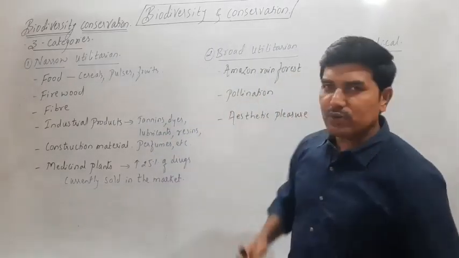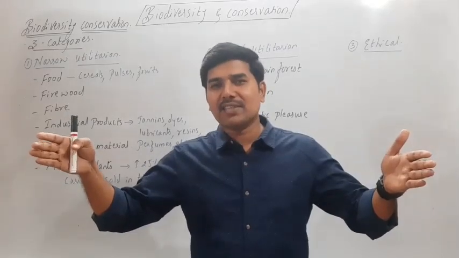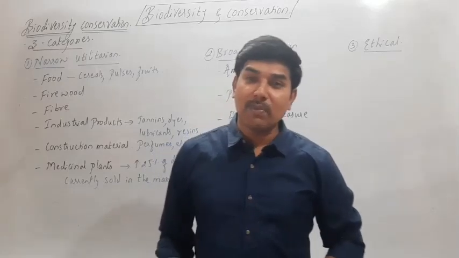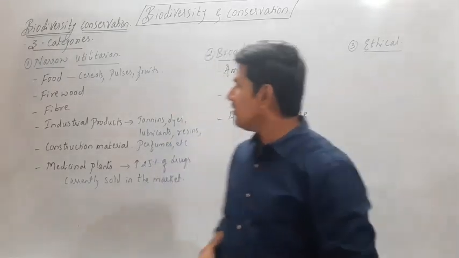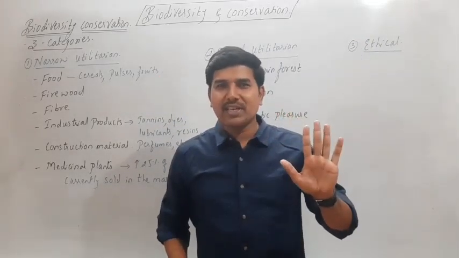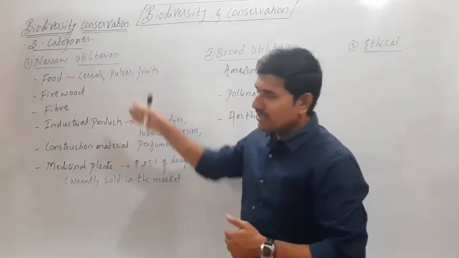Broad refers to conserving our biodiversity in a large sense, on a large scale, and ethical is by ethical people. How do we conserve the biodiversity? Let's see them one by one. First one, narrow. We are conserving species to a narrow extent by all these processes.